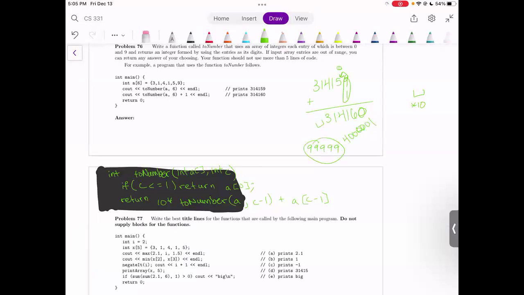For example, if this was in my array and I added 1 and I didn't have that extra space, this would be 0, 0, 0, 0, 0, and then I wouldn't have that extra space over here that I need for the 1, which might cause us a problem.